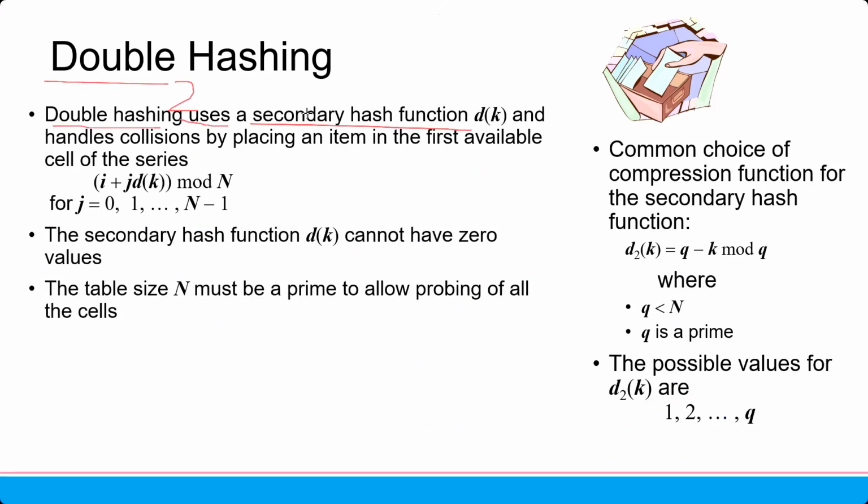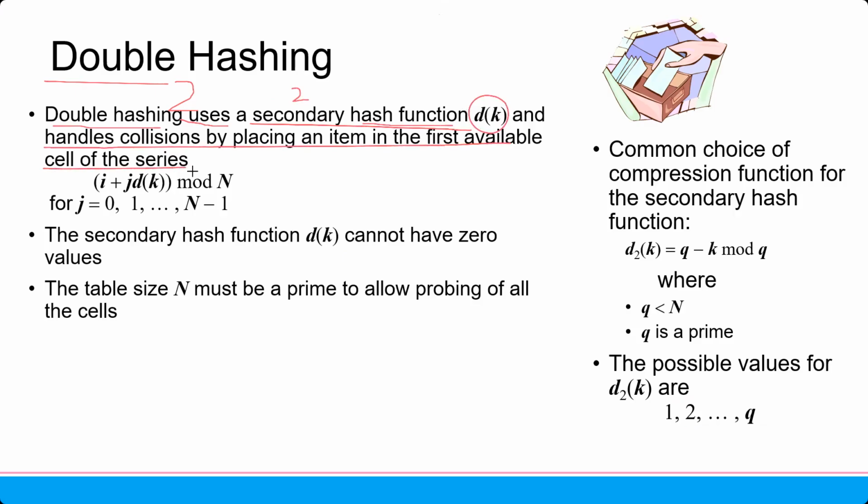Second means two. This is the second one. We have first and second. The secondary hash function, we call it d(k), and it is to handle the collision by placing an item in the first available cell of the series.